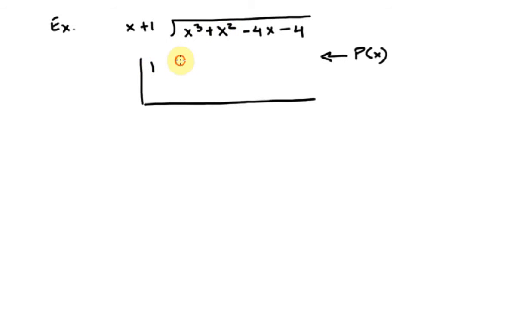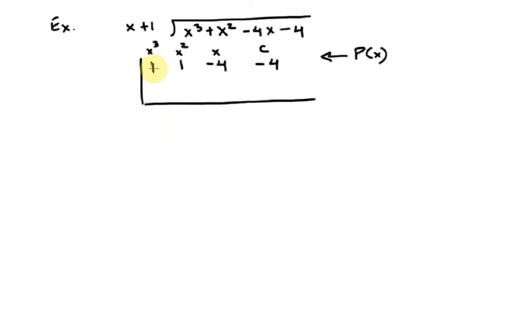X squared, there's one of those. The x term, there's a negative 4 in front. And then my constant at the end is negative 4. Notice I didn't miss any. It's really important that you remember this was the coefficient for x cubed, then came x squared, then x, and then the constant. If they're not there, you have to put in a 0.